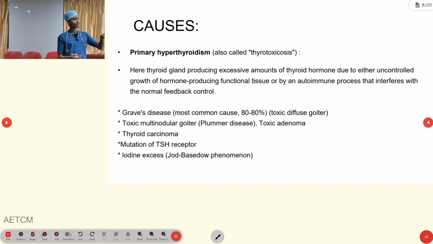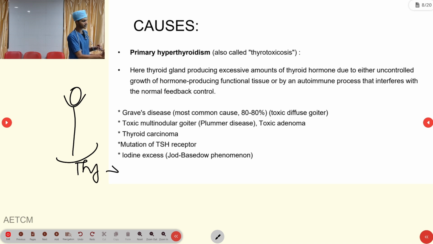The first important cause is Graves' disease, which we explained earlier as well. It is an autoimmune condition. Your body creates autoantibodies that go and attach to the TSH receptor present in your thyroid gland.